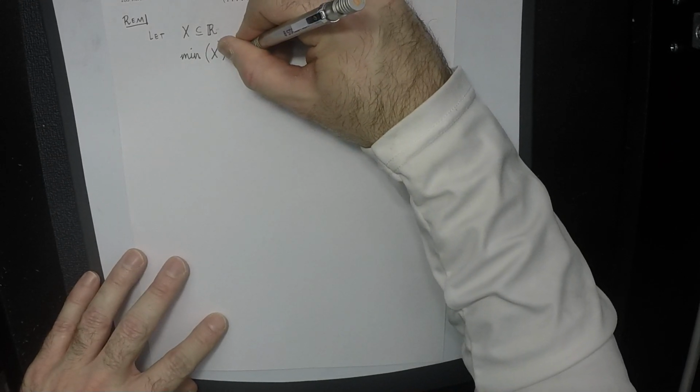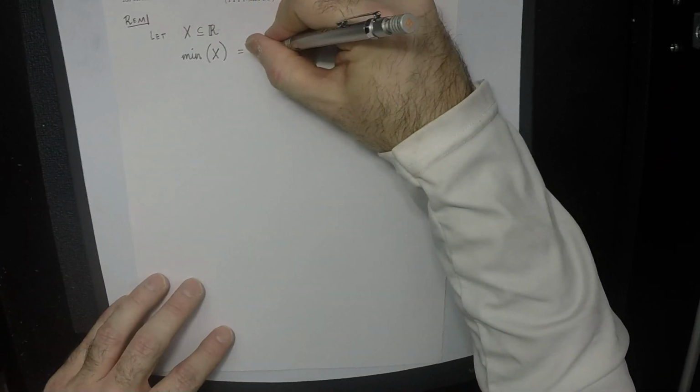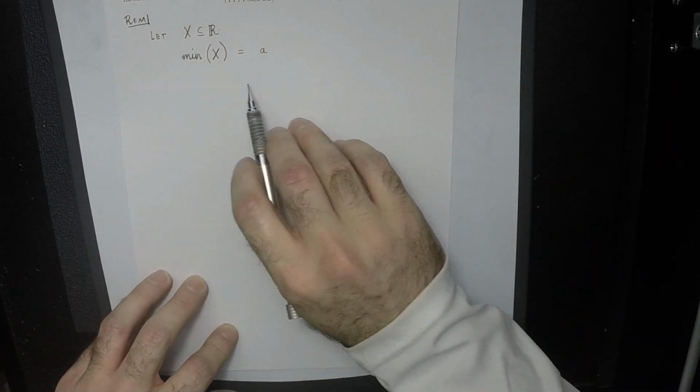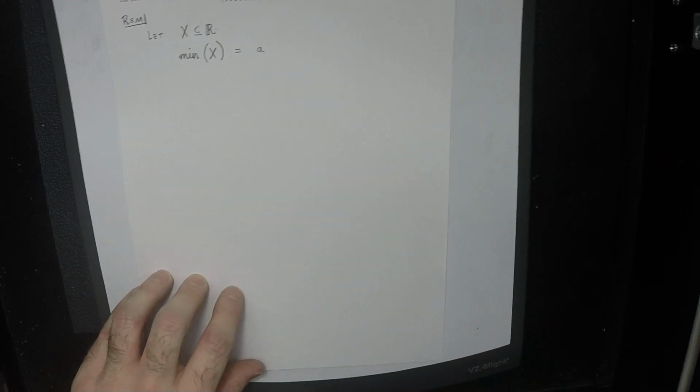How can we define it? So the min of set X is A, and now what qualifications do we need?